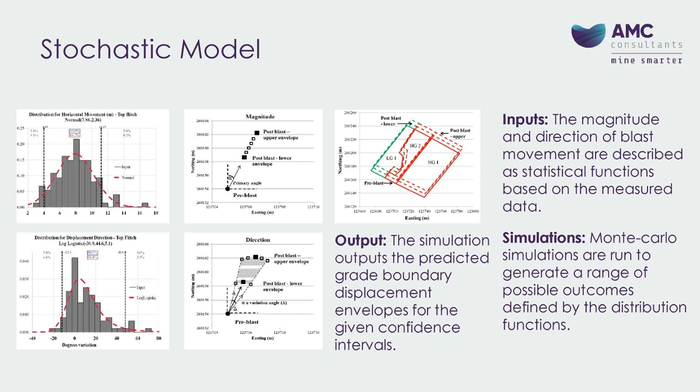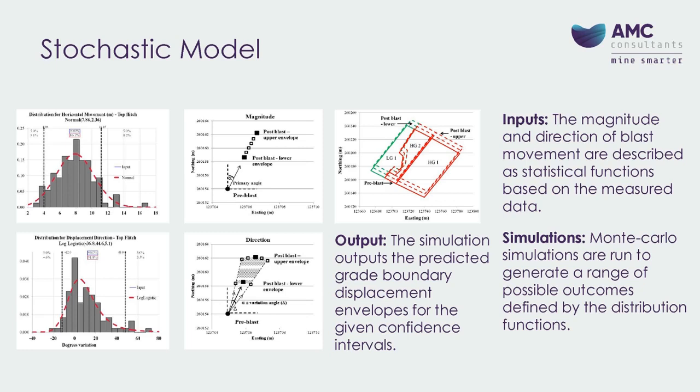The output from the simulation is predicted blast displacement with confidence intervals specified by the user. So you can specify you want an 80% confidence interval, and it will give you the predicted blast movement within that 80% confidence interval.